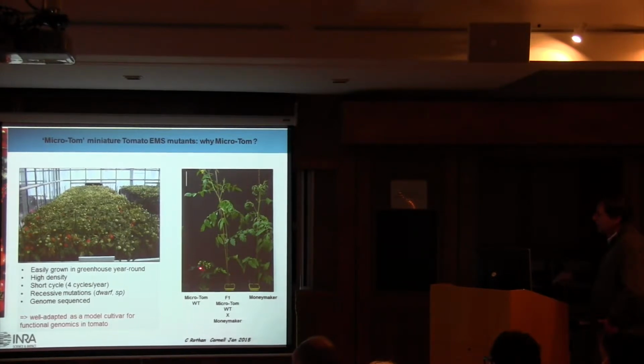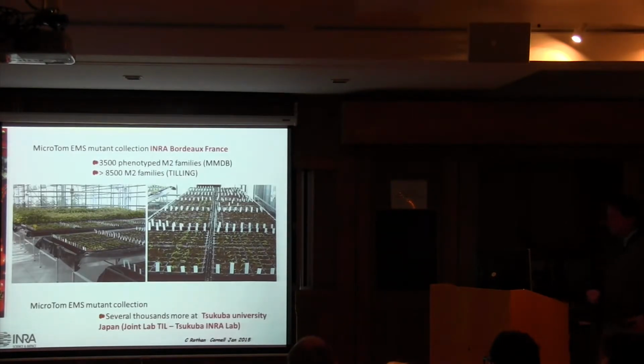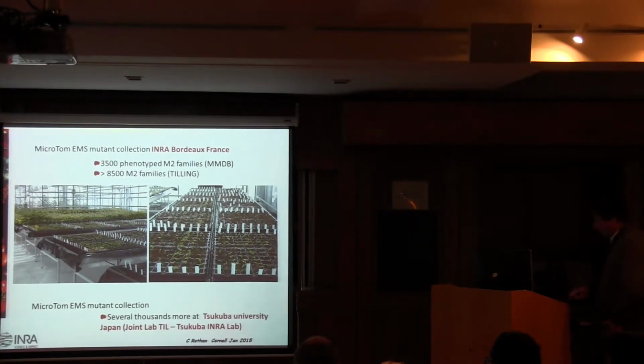Something quite interesting is that when you cross Micro-Tom with an old parent, Moneymaker, the F1 is very similar to the Moneymaker parent. So what we did, several years ago now, was develop a mutant collection. We are currently using 8,500 M2 families for TILLING, for identifying mutations in target genes.